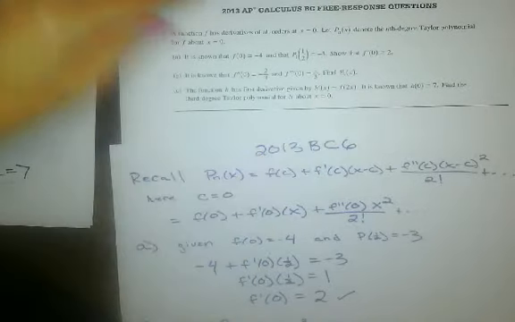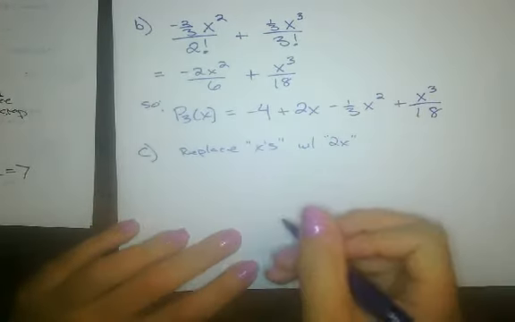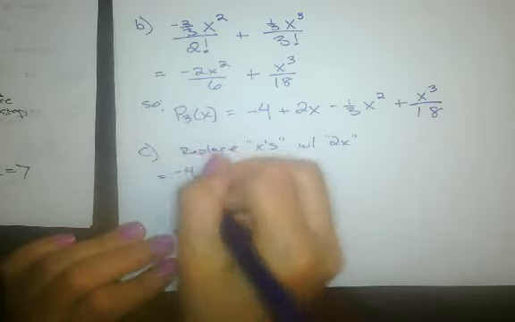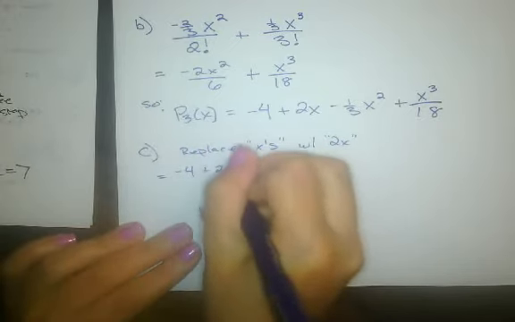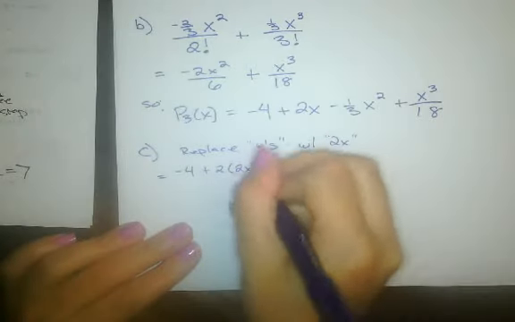So wherever we see an x, we're going to replace it with a 2x. So that means that we're looking at something like -4, and then plus 2, and then wherever you see an x, I'm putting now a 2x, like that.